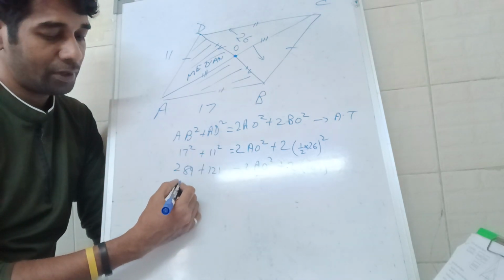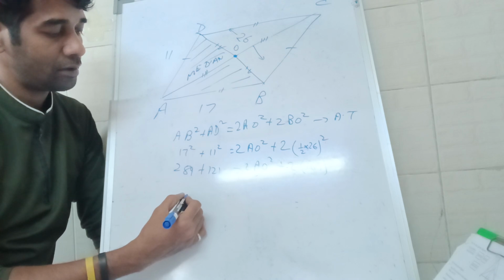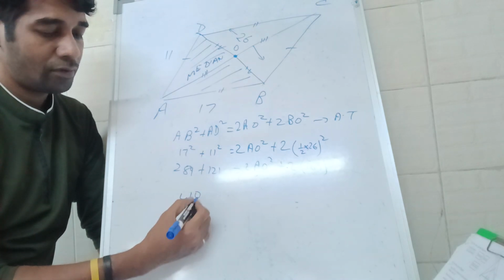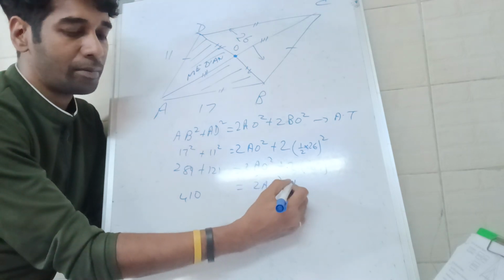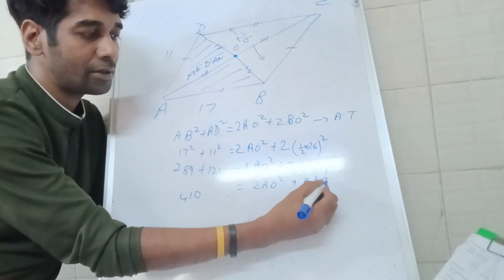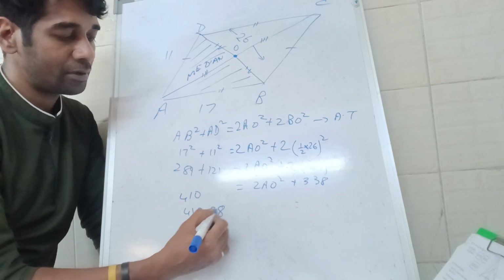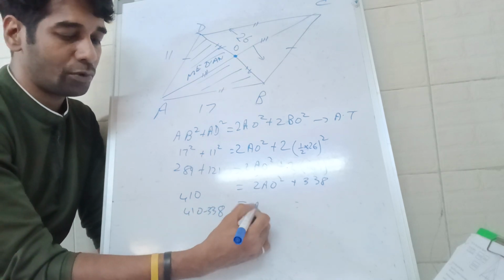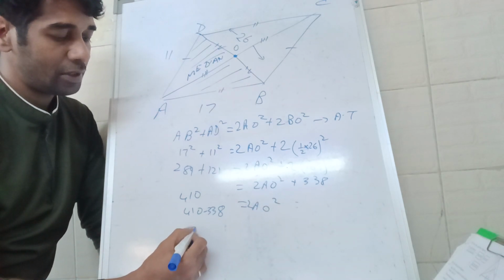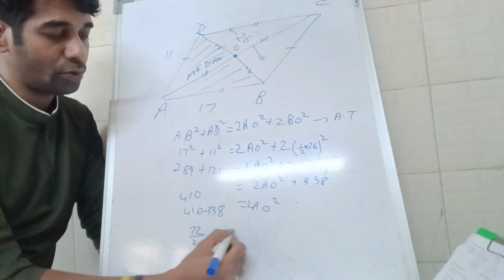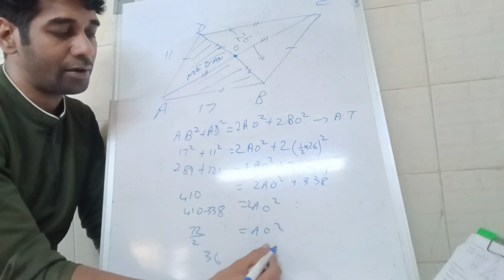Now this will become 410. 410 is equal to twice AO square plus 338. 410 minus 338 is equal to twice AO square. 72 upon 2 is equal to AO square. 36 is equal to AO square.